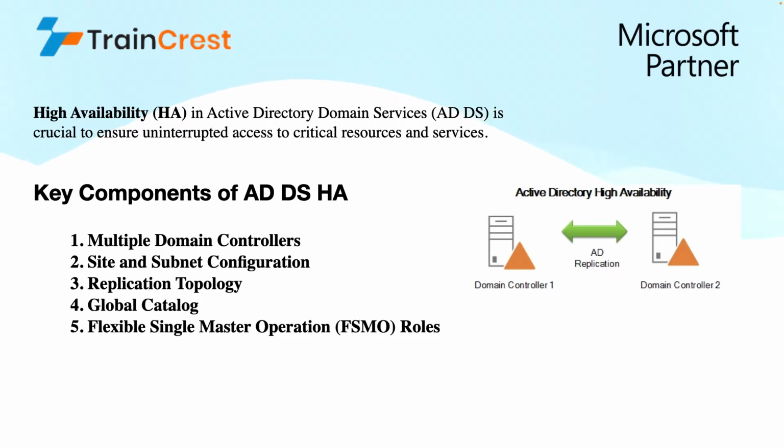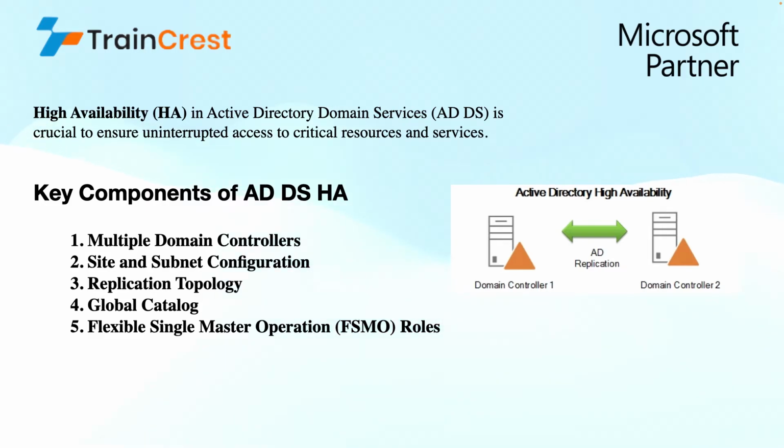Otherwise, all the domain controllers have rights to write the data to the Active Directory database. That is why we call it multi-master replication. All the domain controllers in an Active Directory domain are equivalent. That is why these domain controllers are known as additional domain controllers, or sometimes referred to as additional domain connections.